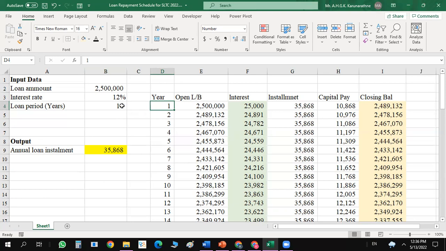If you go for 2 years, your model is automatically developed for 2 years and 24 months only, unlike this. So that can be done by linking this year with this loan period and referencing your closing balance to your open balance.